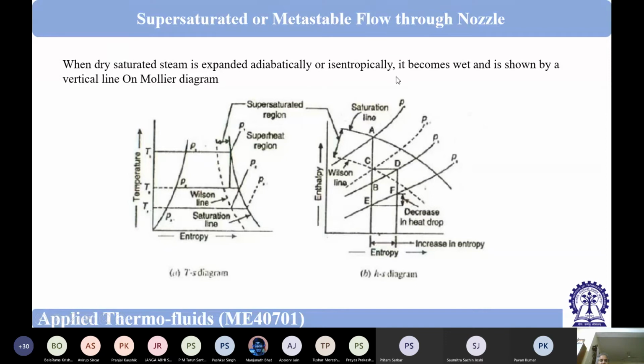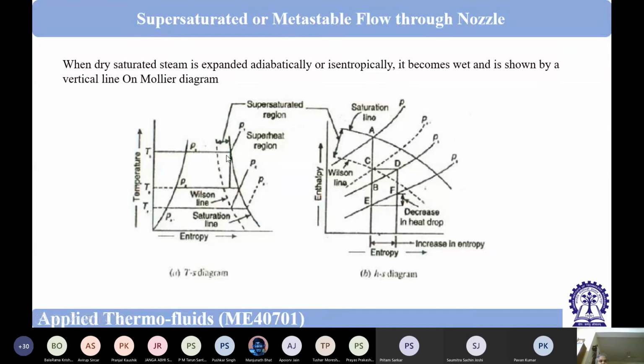This kind of steam is called supersaturated steam. Superheated steam is outside the domain. Inside the domain, if the steam is not wet, though it should be wet, then it is called the supersaturated region or supersaturated steam.